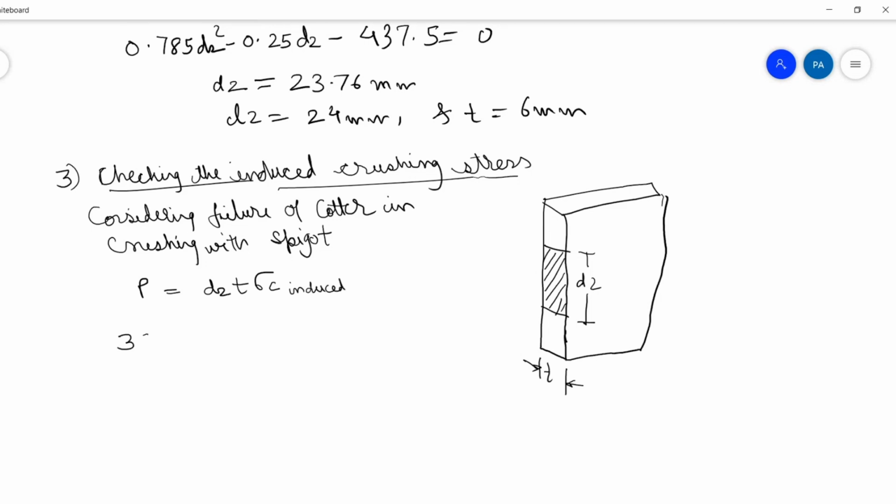If I put the value of P, that is 35 into 10 raised to 3 equal to D2 is 24, T is 6 mm into sigma C induced. So from this I will get sigma C induced equal to 230, sorry, what is the answer?